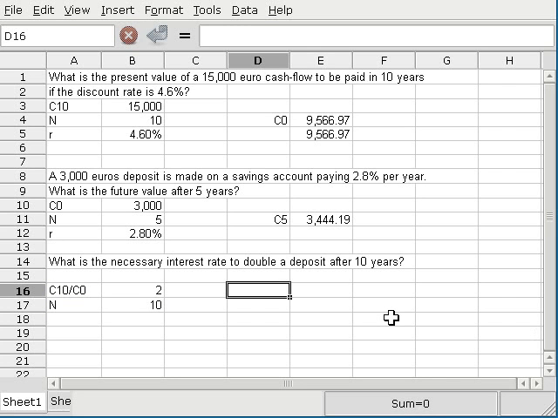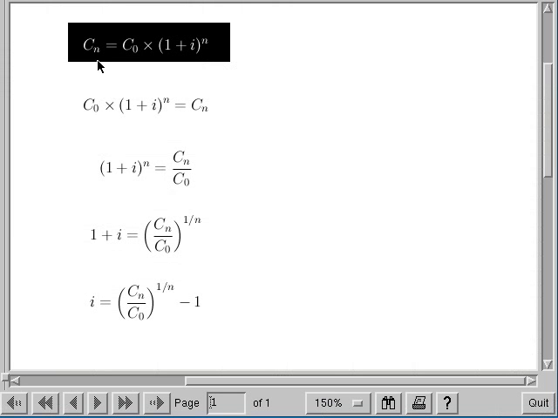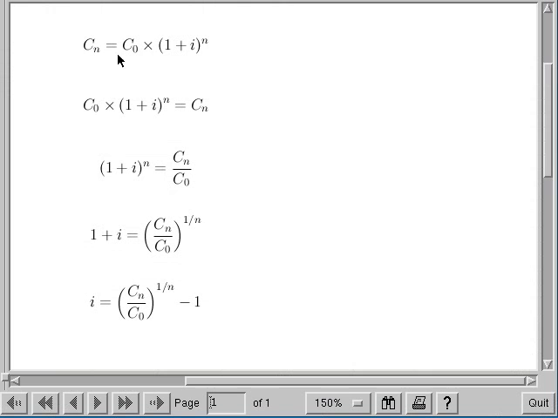Now how to get the rate to have this result? Look here. We use again the formula of the relationship between future and present value. Okay, let's put it this way, and then from this relationship we get the ratio of future to present value. Just take C0 and put it on this side.